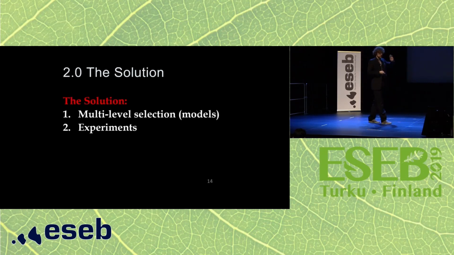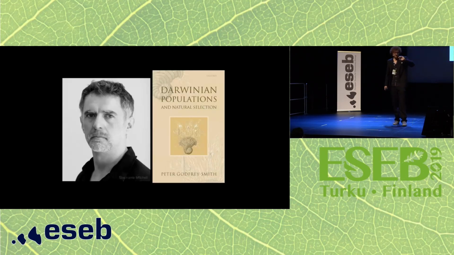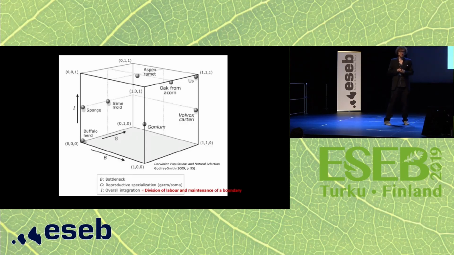The solution here I'm going to sketch via two tools: multi-level selection models and work by philosophers, and secondly, experimental work. Peter Godfrey-Smith, in his book Darwinian Populations and Natural Selection, who is my second supervisor, has provided us with this elegant tool, these Darwinian spaces, in which we can think about Darwinian individuality. We often take humans, us, as the paradigm case for Darwinian individuality. But of course, once cancer arises, this individuality breaks down.